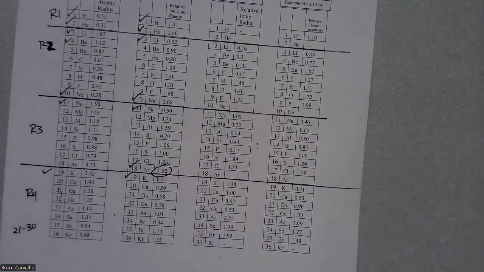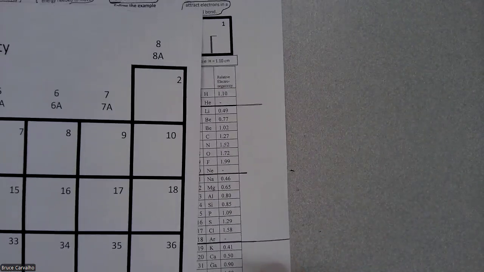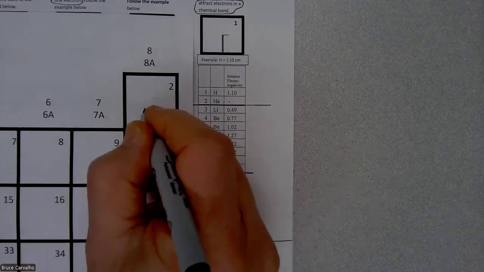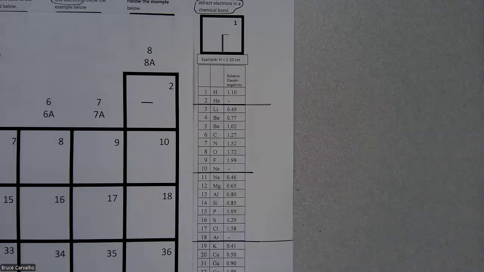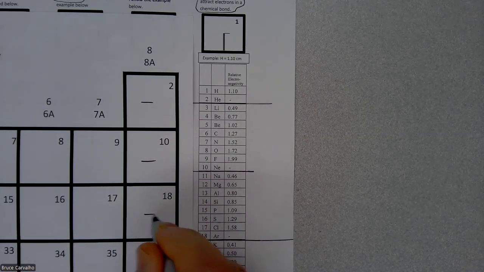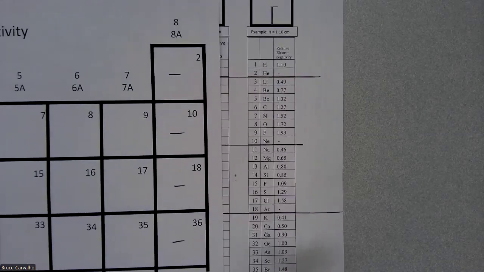But I will give you one little tip on electronegativity. When you get this one, look at helium, number 2. Number 2 has a dash on it. I want you to include that in your table. And number 10, and number 18, and number 36.